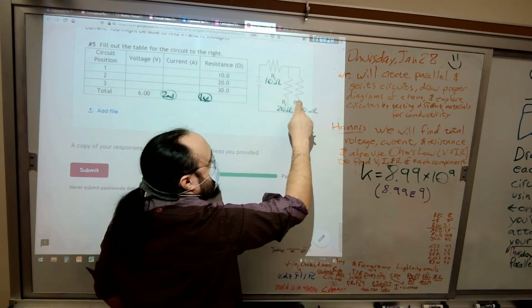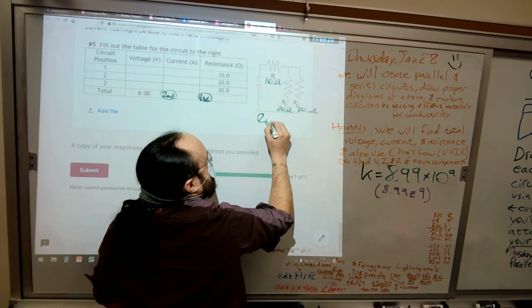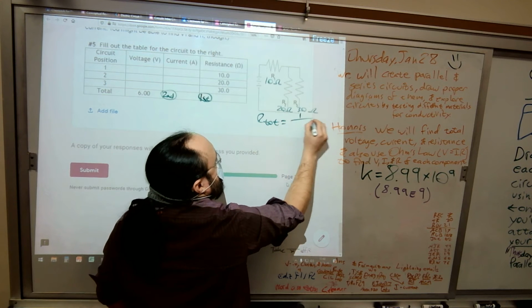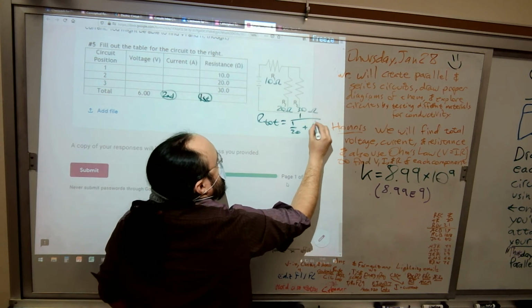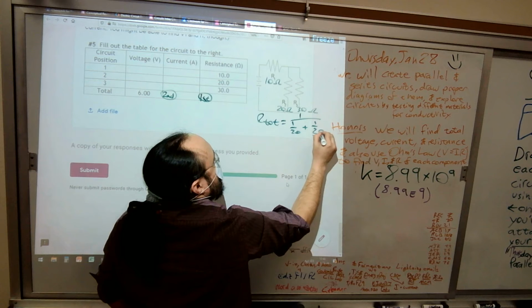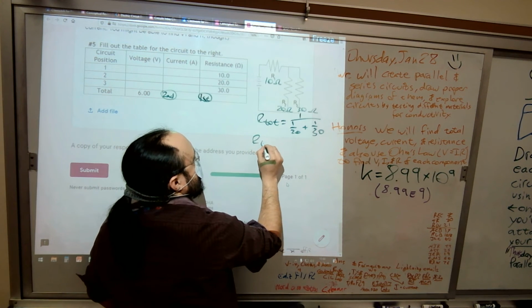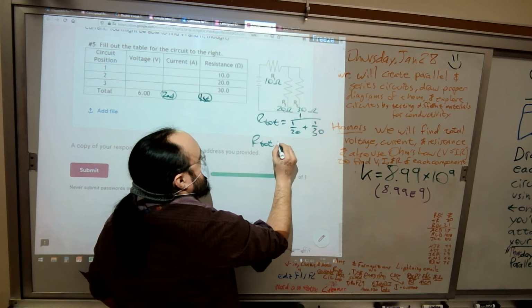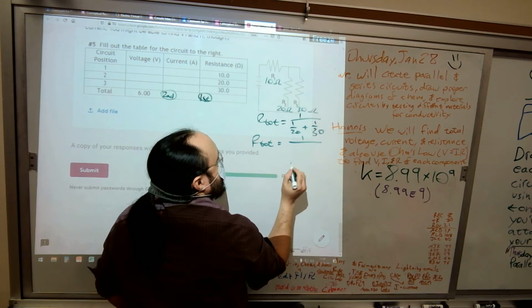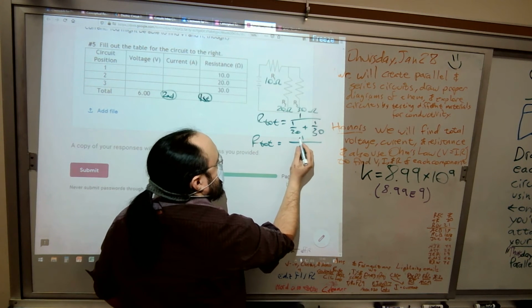These two are in parallel with each other. So we'll use the total resistance weird formula with 1 over R1 plus 1 over R2. The way I like to do it is to find the least common multiple for these fractions so that we can get them to add.